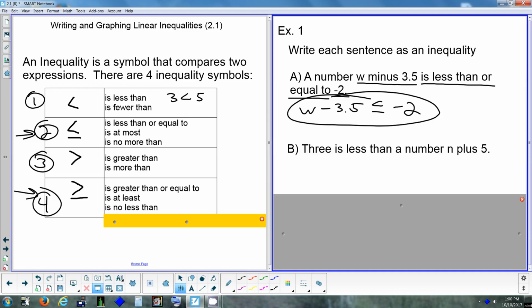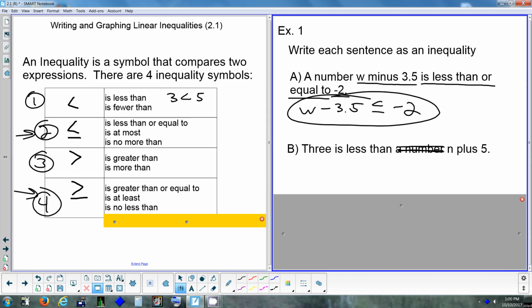3 is less than a number n, so n is what you're calling your number, plus 5. If you wanted to shorten that up, you could just say 3 is less than n plus 5. Everything else that I didn't cross out is important.